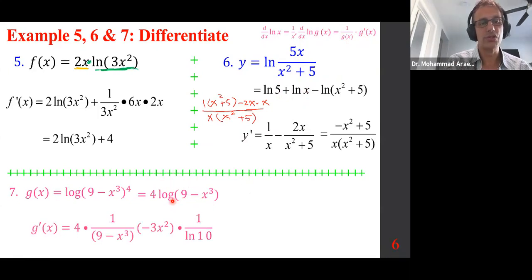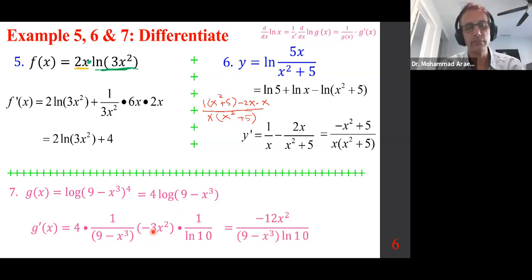And all you have to do is just rewrite this. There's really not much you can do. The numerator contains 4, 1, negative 3x squared, 1. Their product is negative 12x squared. So we can write it in this fashion: 4, 1, negative 3x squared, 1.